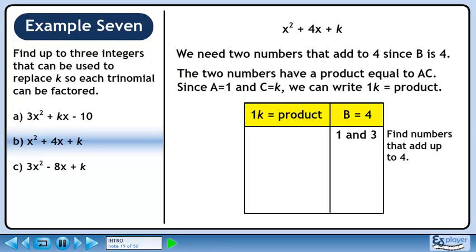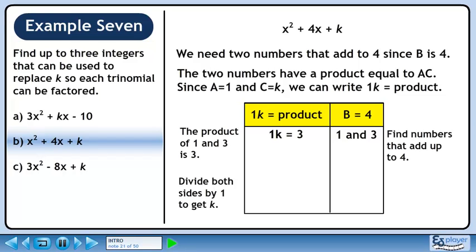First we'll try 1 and 3 since these numbers have a sum of 4. The product of 1 and 3 is 3. Divide both sides by 1 to get k by itself. Our first potential value for k is 3.